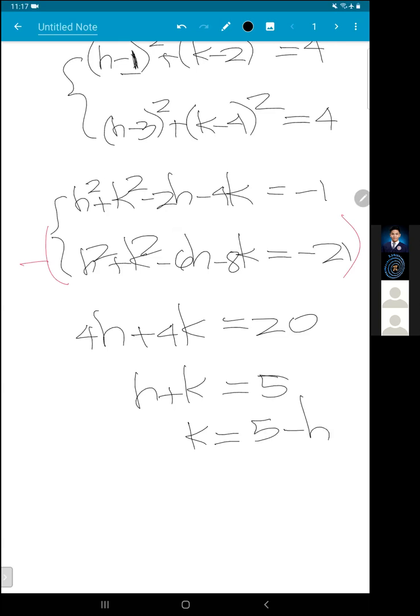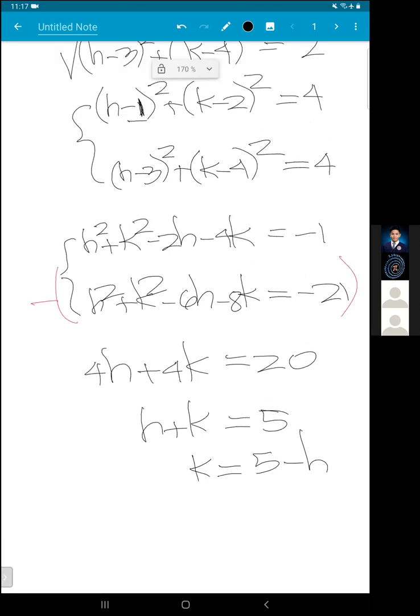Now, what do you do from here? You can use either equation to solve for one of the variables. So you can go back to this one here. You can plug in this k into this one, or you can use one of the equations in the equivalent system.